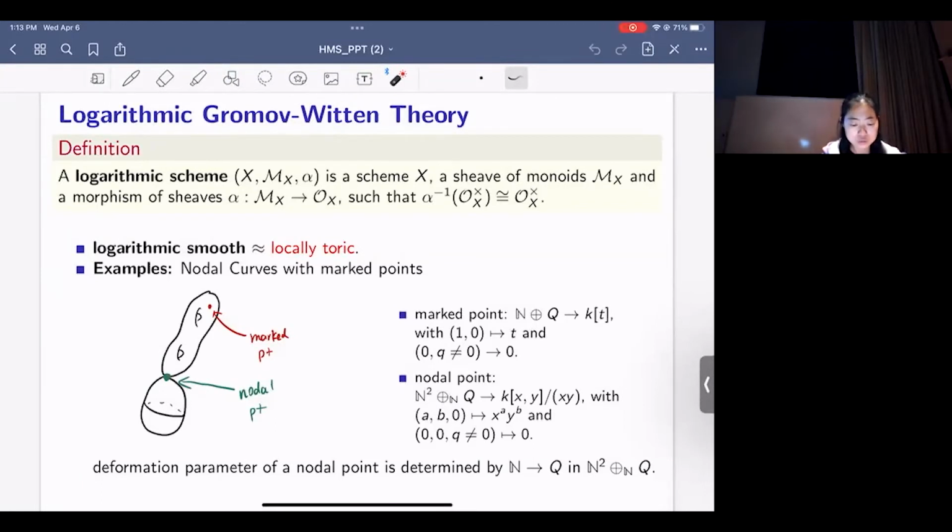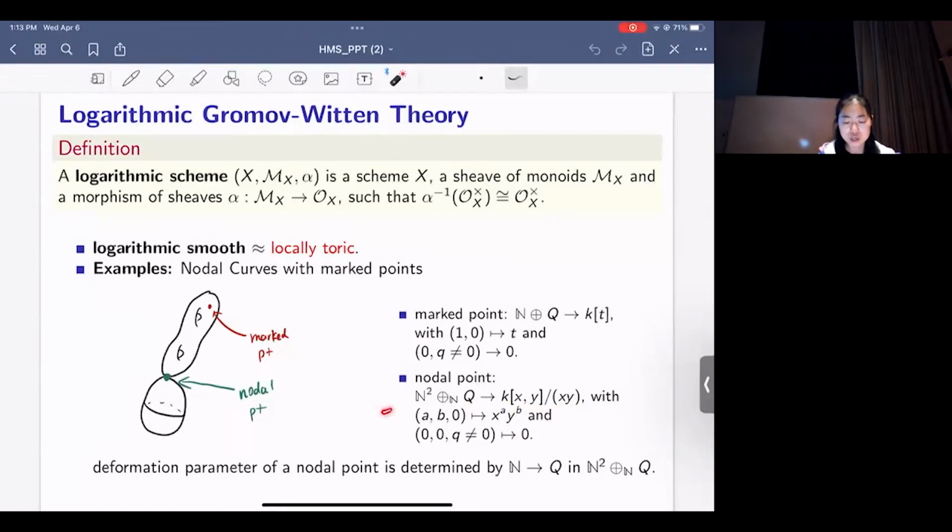There is also the log structure associated to the nodal point, which will be of this form, where Q is the log structure on the generic point. And we know for the nodal point, the ring of functions locally looks like k[x,y] mod xy.